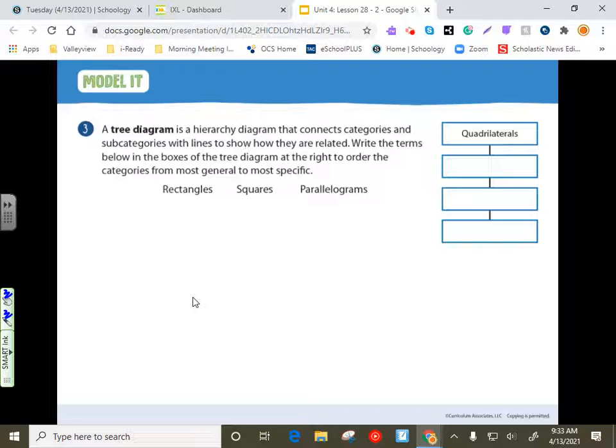So for example, here on the right, we have a quadrilateral, then it's parallelograms, and then it's rectangles, and then it's squares. So at the very top of a tree diagram is our general, and when we get down to the bottom of a tree diagram is when it's most specific.